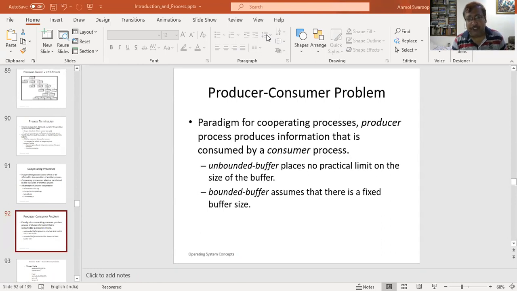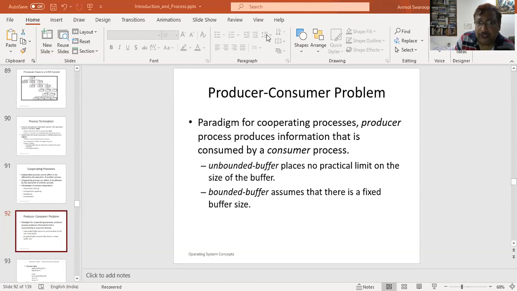That means the buffer is able to store n items. When these n items are there and producer is trying to produce, the buffer will be full, but consumer will be consuming out of this. Third possibility is unbounded buffer, where the capacity of the buffer is unbounded, that is infinite, and we need not worry whether my buffer will be full or not.